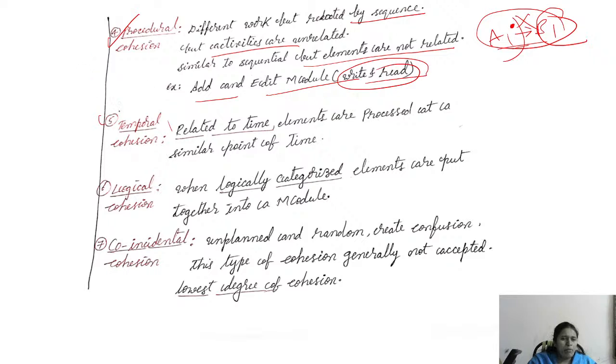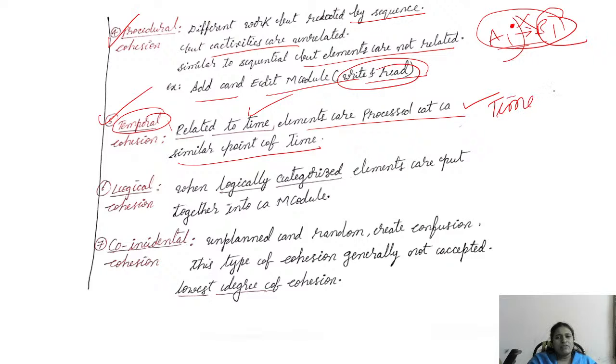Next one is temporal cohesion. Temporal, in that word itself the meaning is there: related to time. Elements are processed at a similar point of time. These elements are related on time. A is doing its work at the same time as B. That is called temporal cohesion.